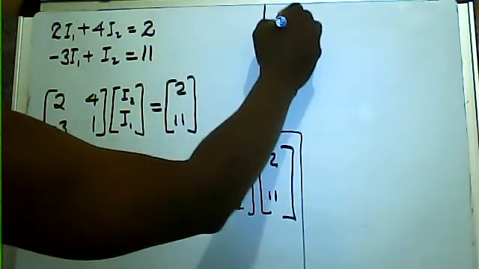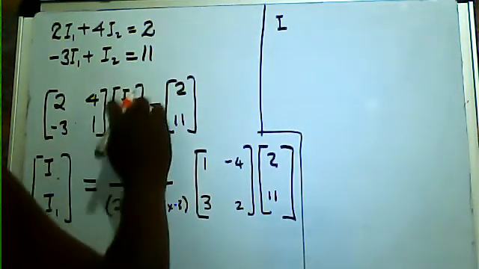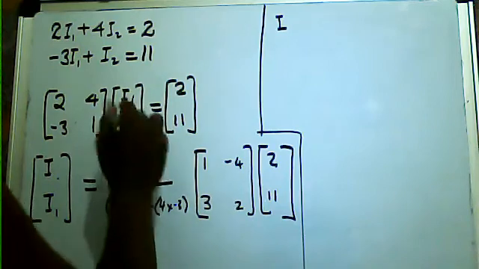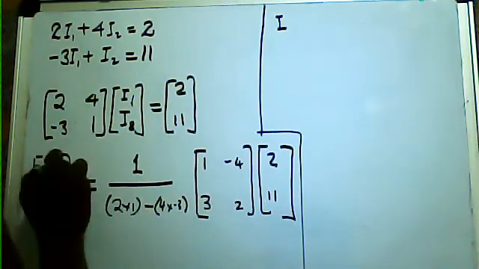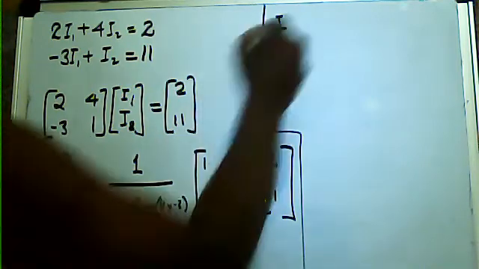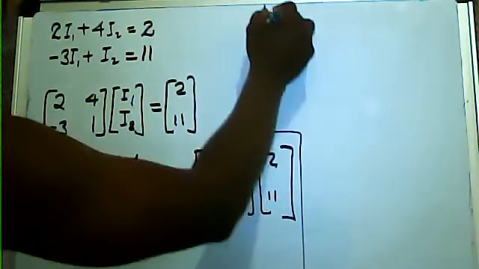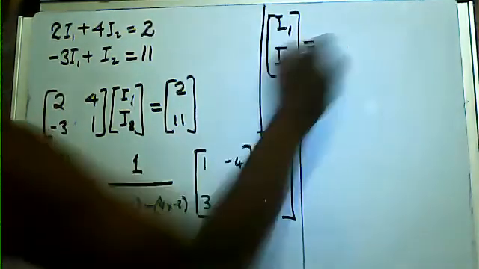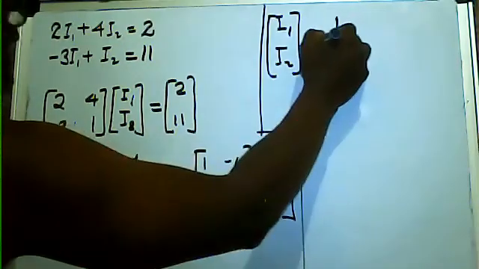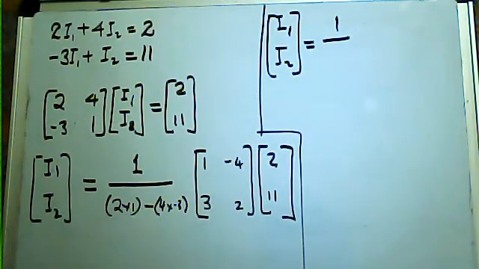So it's supposed to be I1, I2 here, not I2, I1. So I1, I2 will be equal to 1 over 2 times 1 is 2. 4 times 3 is what? 12.